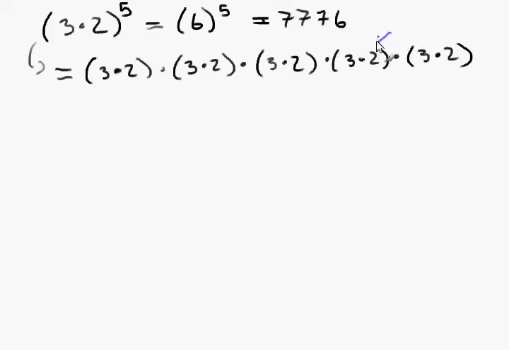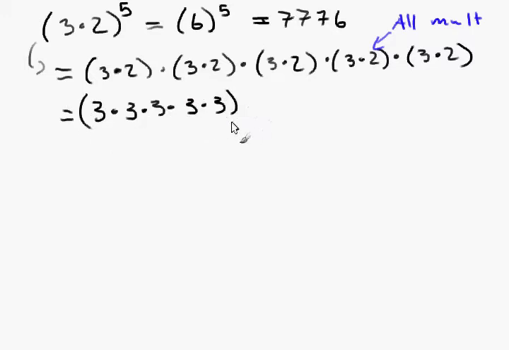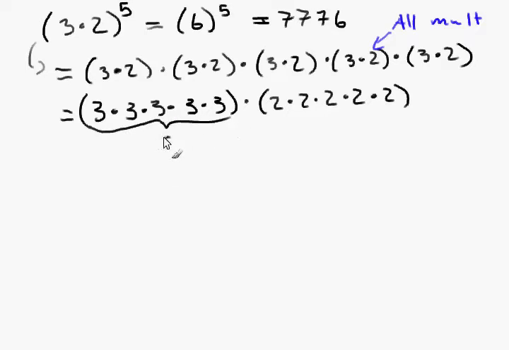This is all multiplication. So we can go ahead and reorder it into 3 times 3, that makes 3, 4, 5, and multiply that by 1, 2, 3, 4, 5 2's. Look, we've got 5 of these, and we've got 5 of these.